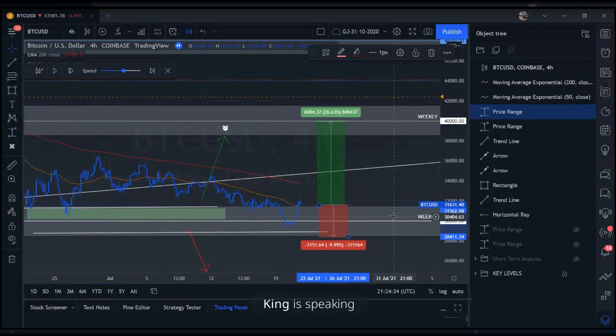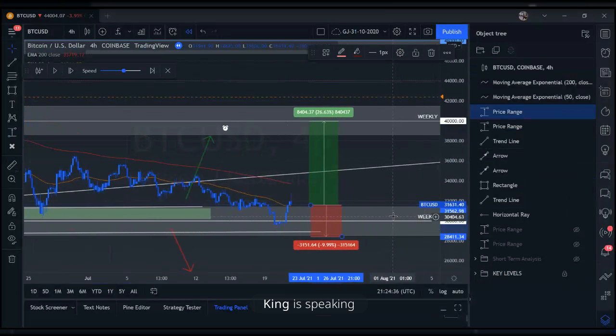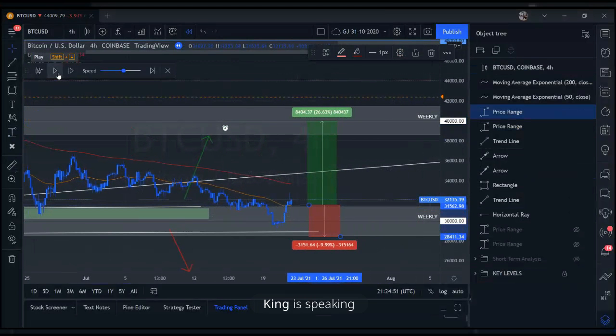But obviously, you're now looking at market structure. So that's your initial entry, your sort of lowest risk, but your sort of highest probability trade.